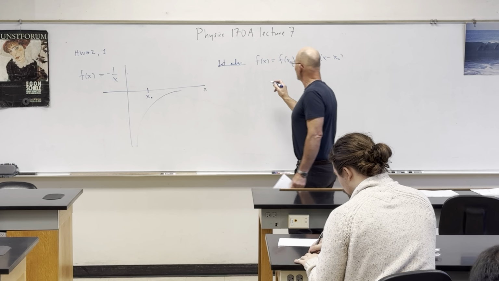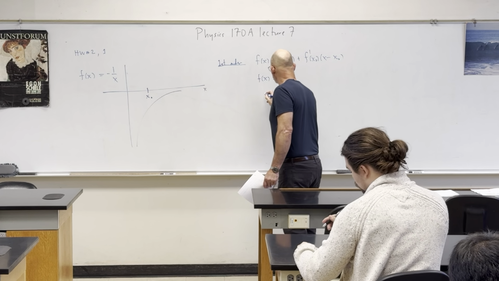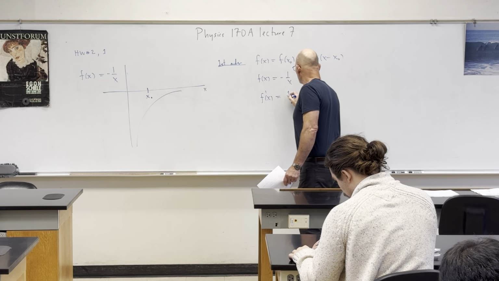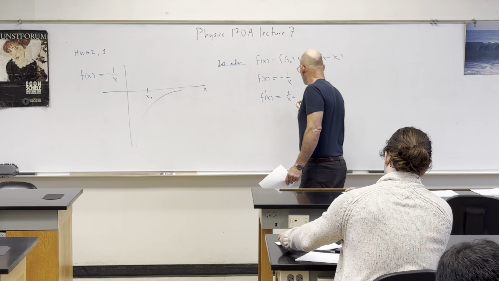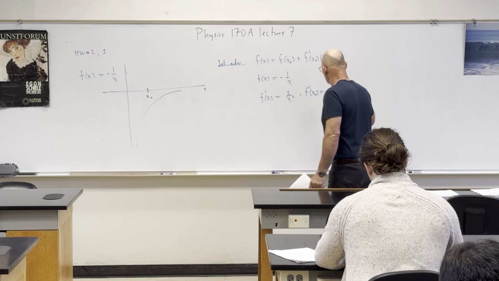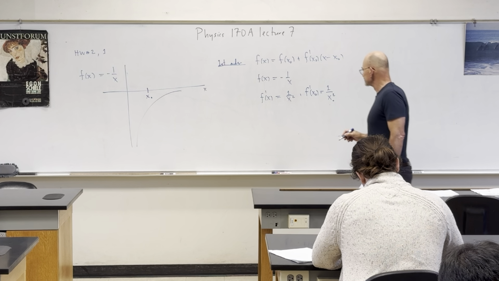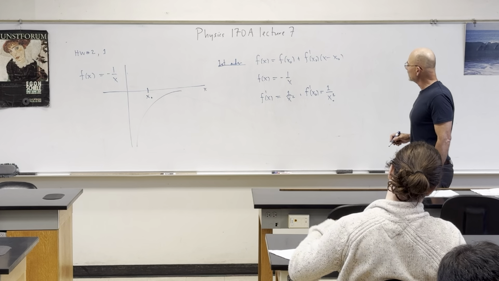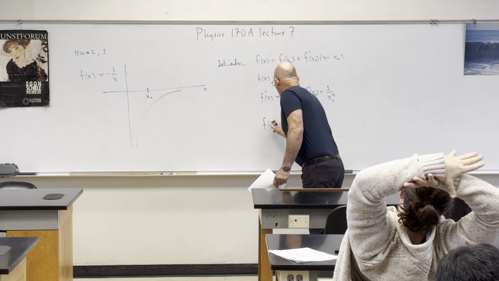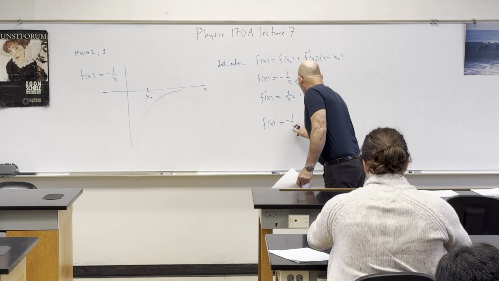Okay, and since we have minus 1 over x, we have f prime of x equals 1 over x squared. F prime of x 0 equals 1 over x 0 squared. And when we put all of that together, we now have f of x equals negative 1 over x.